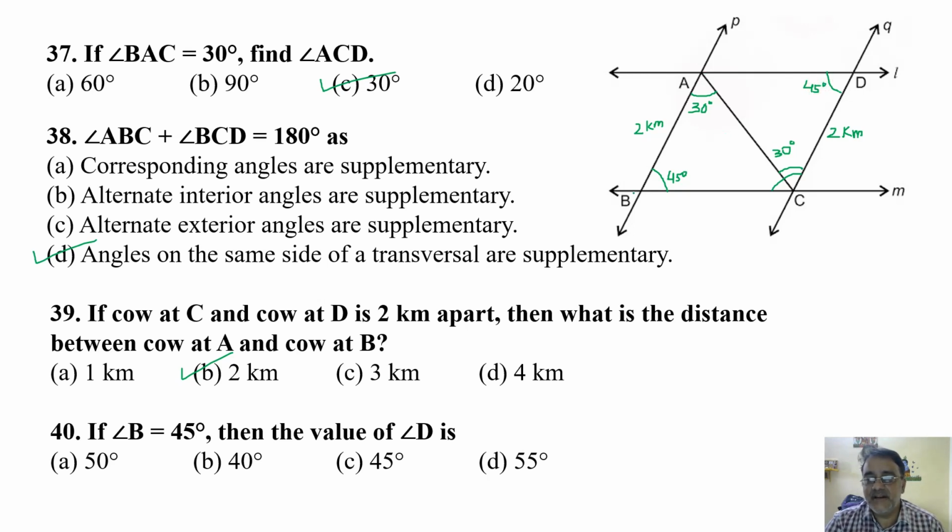See, AD is parallel to BC, AB is parallel to CD, so this will form a parallelogram and we know that opposite angles of a parallelogram are equal, right? That is one method. The other method is to prove the two triangles congruent, and these two will be corresponding angles, right? So the correct option is option C, right?